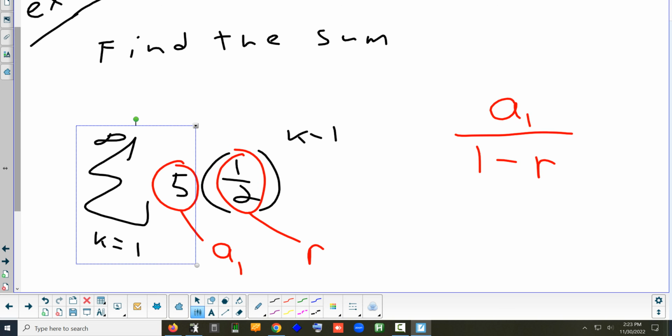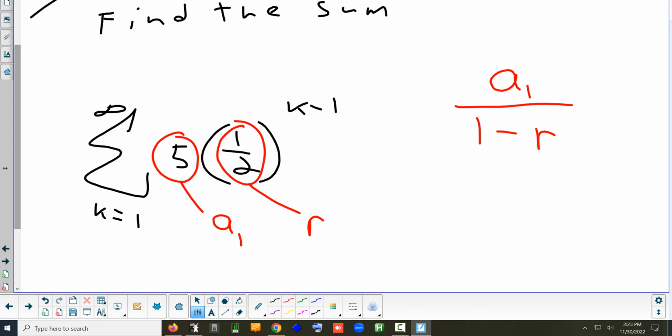And Jenna, what's A1? 5. Divided by 1 minus R. So 1 minus 1/2. What's 1 minus 1/2? 1/2. So what's 5 divided by 1/2? And that's not 5 divided by 2.